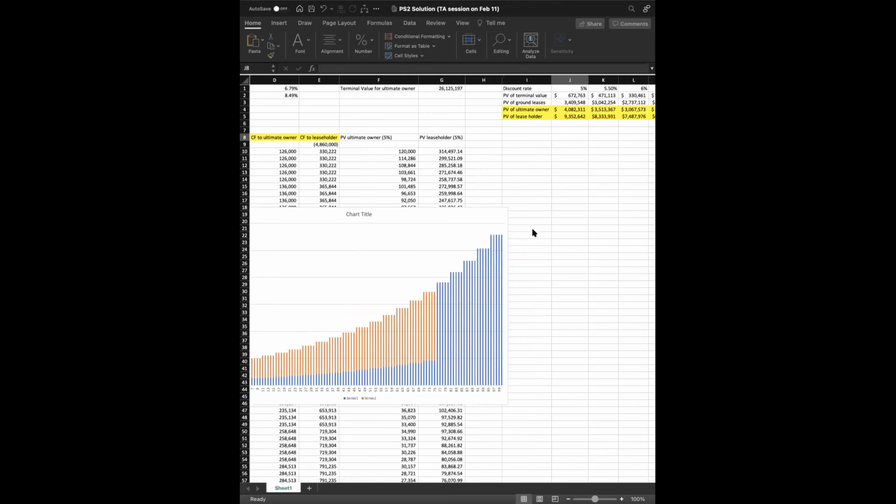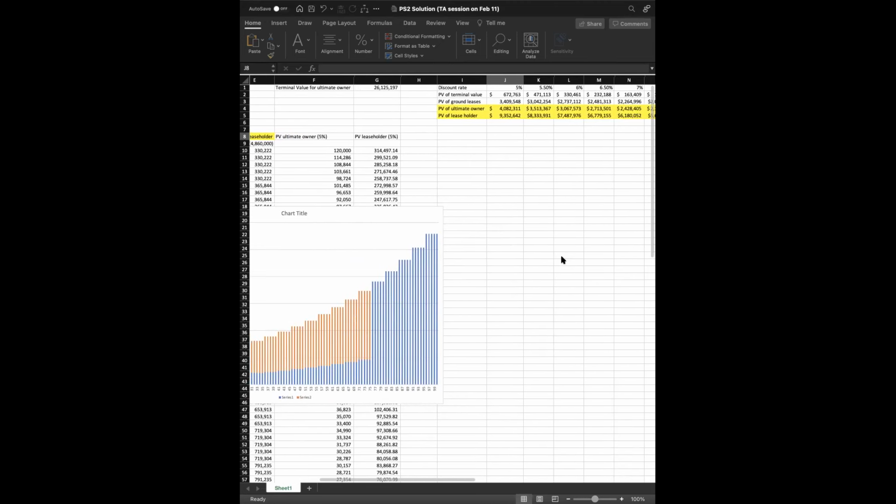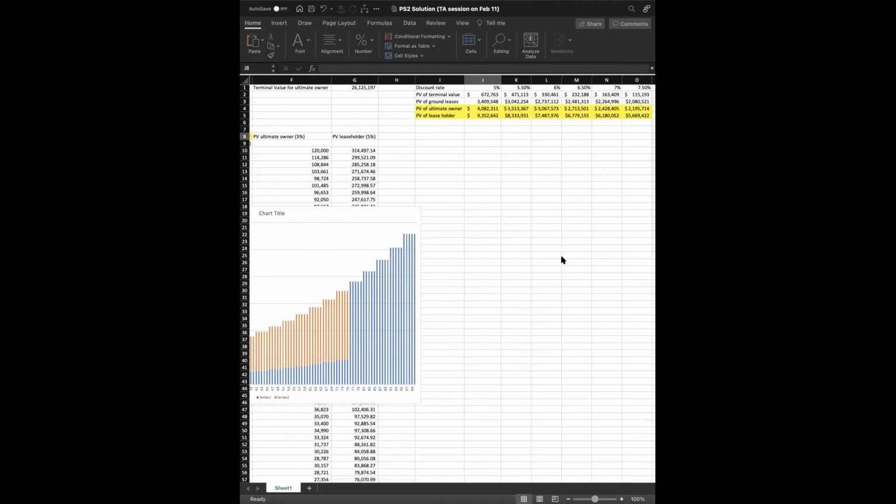So it depends on your preference. But if the cash flow is split between two parties, there are also some drawbacks: because more people are involved, if you want to redevelop or improve your property, it's going to be much harder. That's the drawback, but there are also motivations to satisfy different people's preferences.